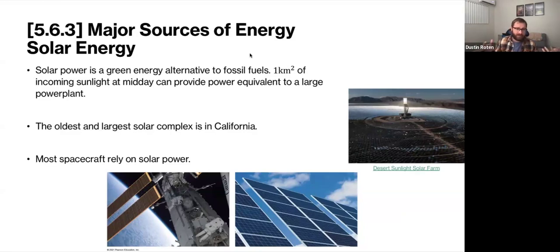First of all, solar energy is an obvious one. It is a green energy alternative to fossil fuels. We are trying to move away from fossil fuels. What's interesting is just 1 square kilometer of incoming sunlight. So if you go to like the Sahara, draw out 1 square kilometer, and if you could cover it with very efficient solar panels, you essentially, in very little time, get the equivalent power of a large power plant.